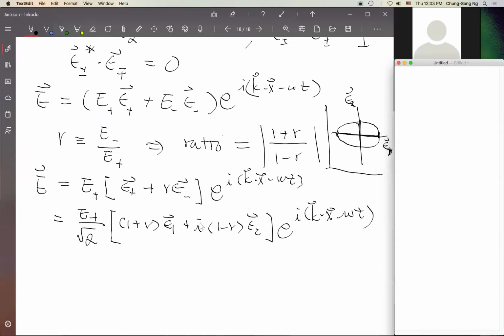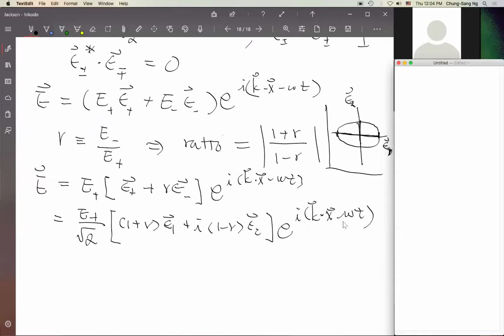So this is real. There's an i in here. The phase factor is complex, so you have this exponential function. Assuming E plus is real, then we can decompose that. If it's not real, then you basically just add a phase in this, so that doesn't matter.